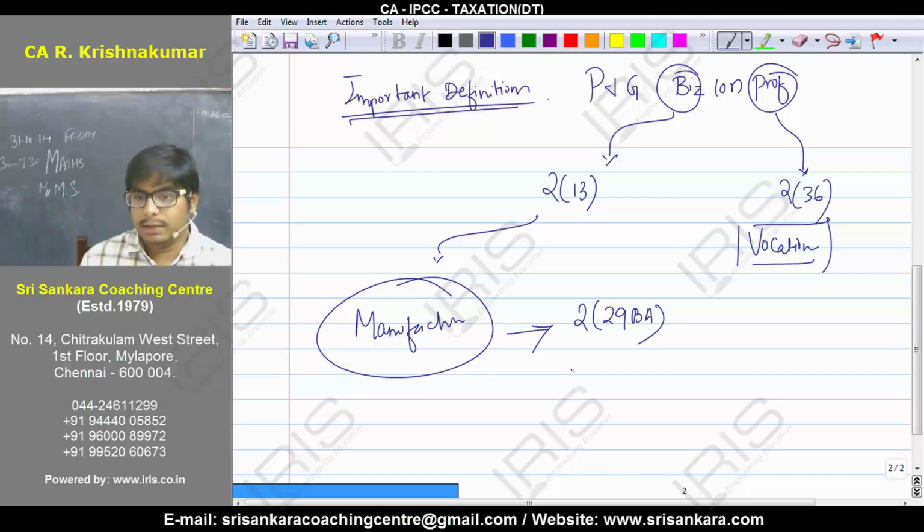Below that, write first point A: resulting in transformation of the object or article or thing into a new distinct object or article or thing.